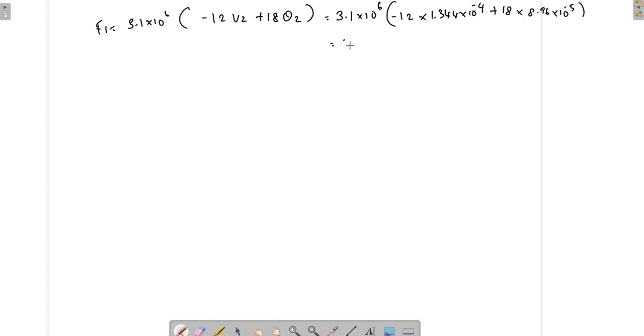If you multiply, you get 3.1 into 10 power 6. Here also one minus is available, so minus into minus is plus. So we can write it is 161.28 into 10 power minus 5. I am writing this in terms of minus 5 because the second term is also in minus 5. So the next one is also 161.28 into 10 power minus 5.